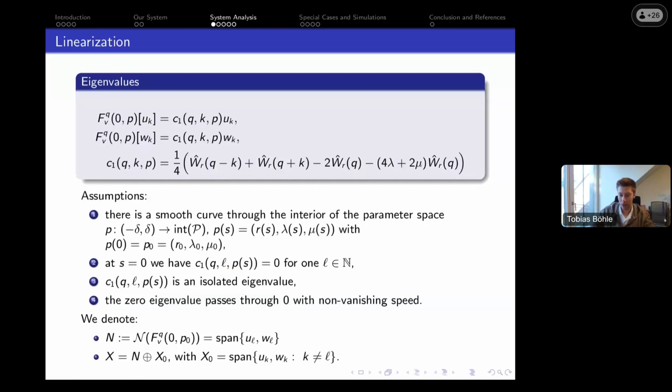Then we also require that the Lth eigenvalue is an isolated eigenvalue. So this is the only eigenvalue that goes through 0. All the other eigenvalues stay away from 0. And then the eigenvalue should pass through the origin with non-vanishing speed. I think that's also a classical assumption if you want to study a bifurcation.